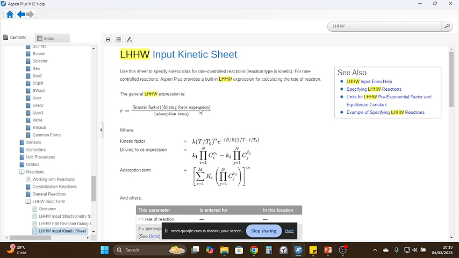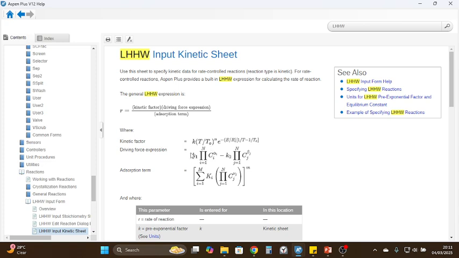Usually LHHW kinetics is considered whenever we handle catalytic reactions. So in catalytic reactions, if there are more than one components that we are handling, then there is a competition as to which component is going to get adsorbed onto the surface of the catalyst.